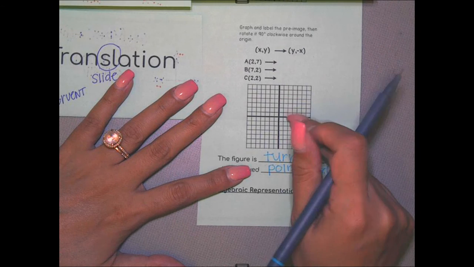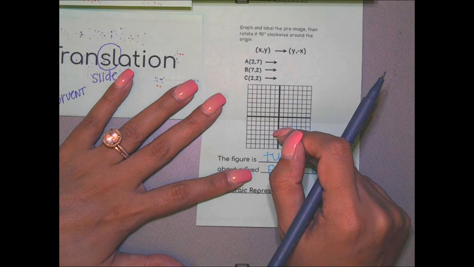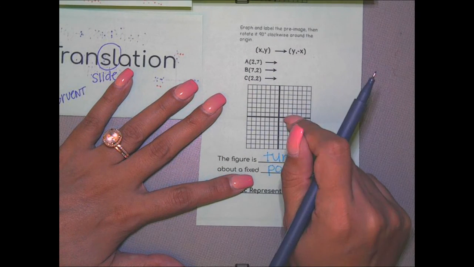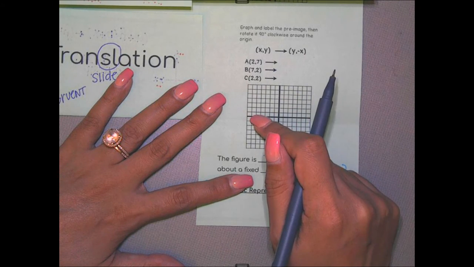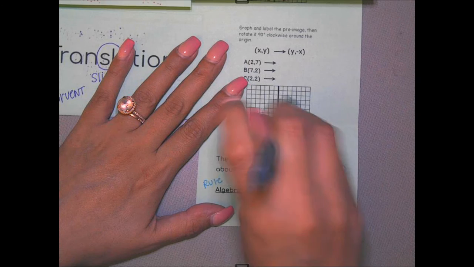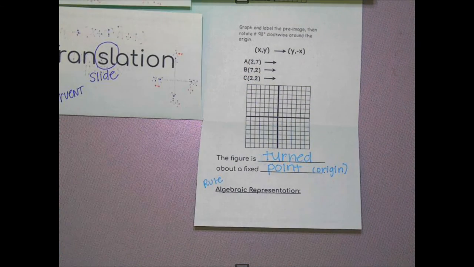Or if I did 2 turns, that would be 90 plus 90, or 180 degrees. Or I could go 3 turns, 1, 2, 3, which would be 90 plus 90 plus 90, or 270 degrees. And then we could go 4 turns, 1, 2, 3, 4, which would give me a 360-degree rotation.